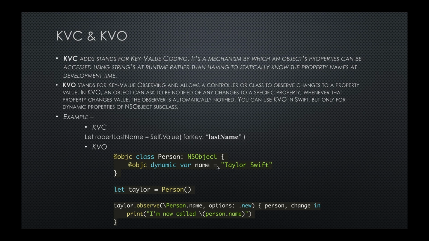Even though the name is changed, you will get the old name because you have written options .old. If you write options .new, then whatever changed name is provided to name, you will get that in this block of code. So KVO means you can observe any changes being done on a particular property.